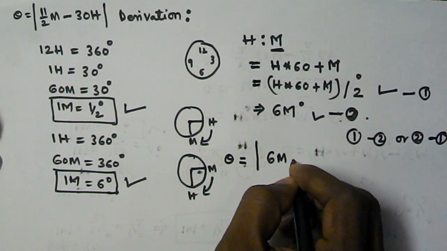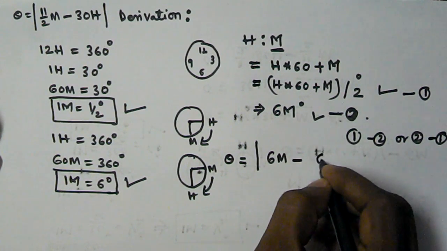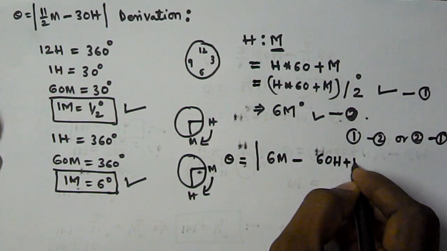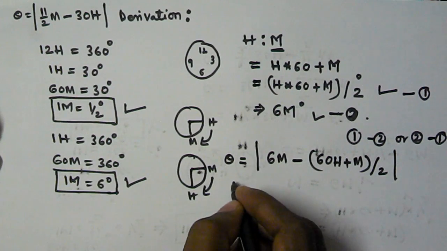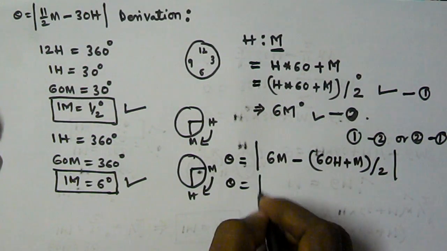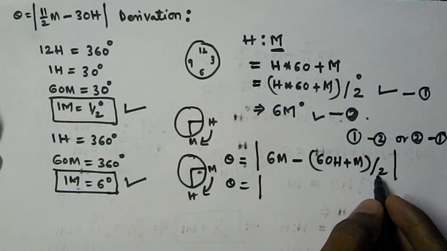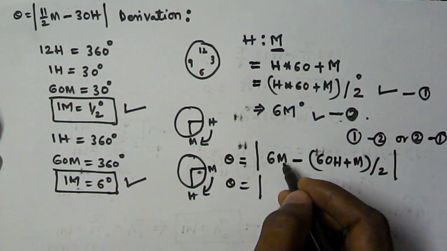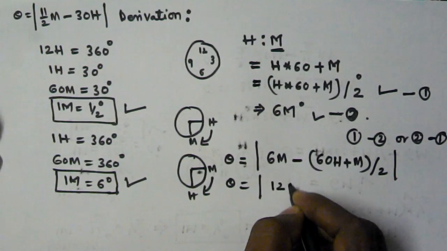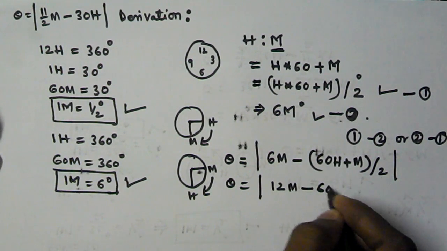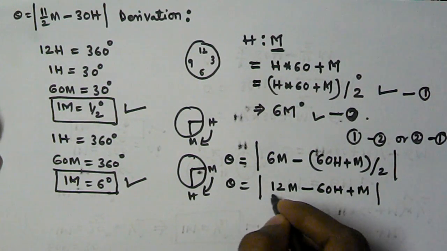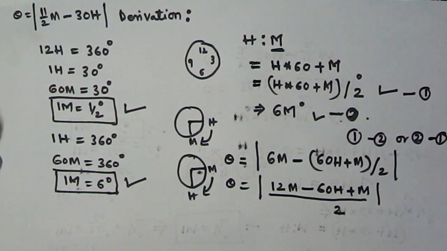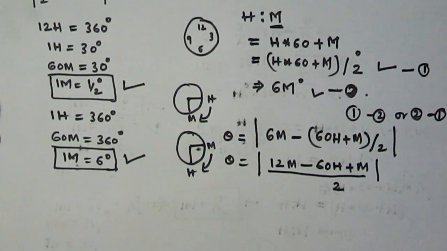So 6m minus the angle made by the hour hand, that is (60h plus m) by 2.